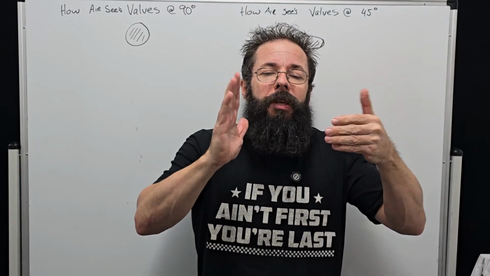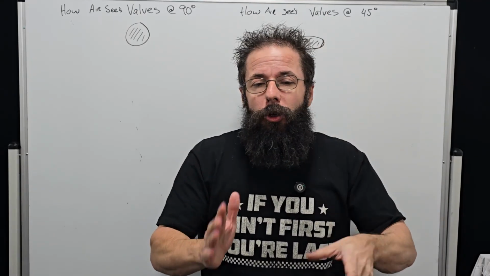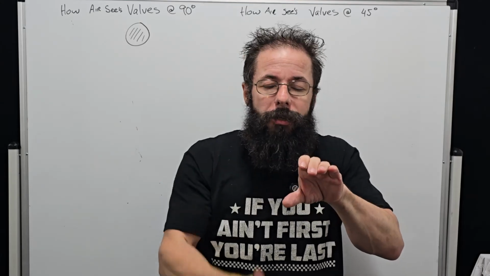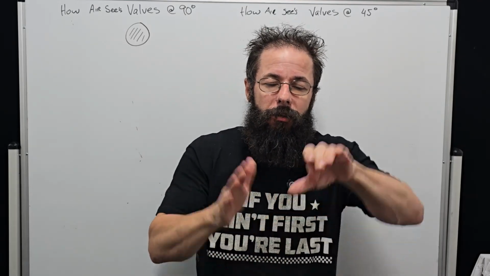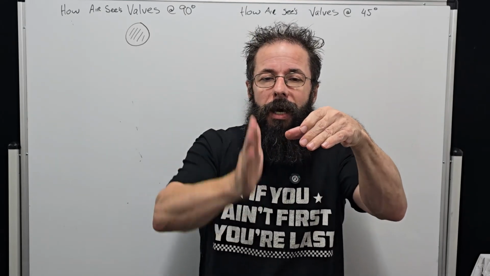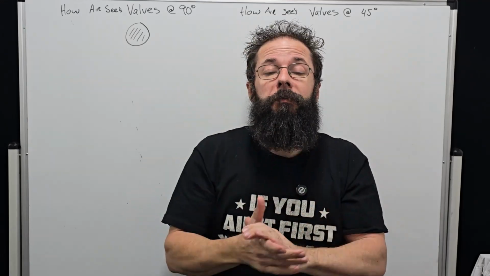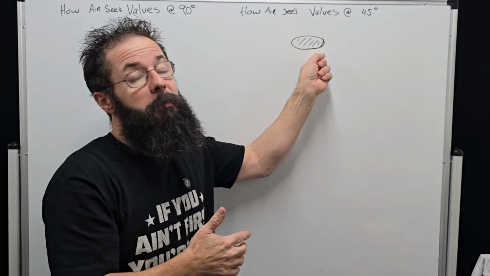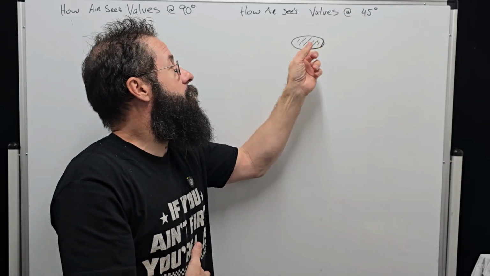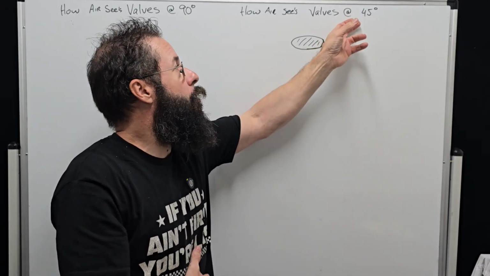Meaning, if you've ever cut exhaust pipe, the smallest cross-sectional area is at 90 degrees. And as we cut, we start to make an oval shape, something that is more aerodynamic to air. So that is the shape of a valve stem cut at 45 degrees.